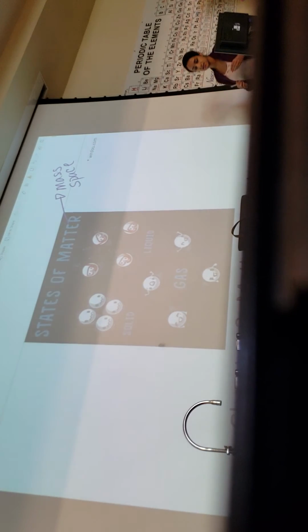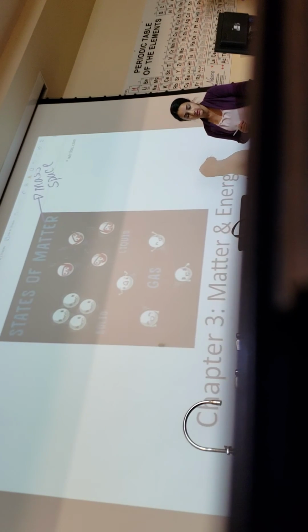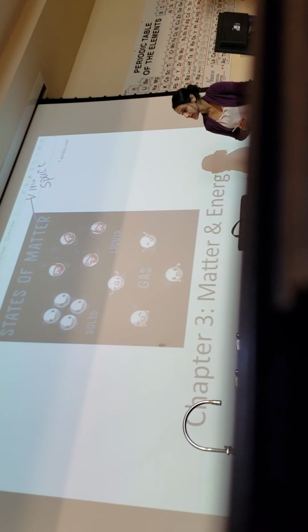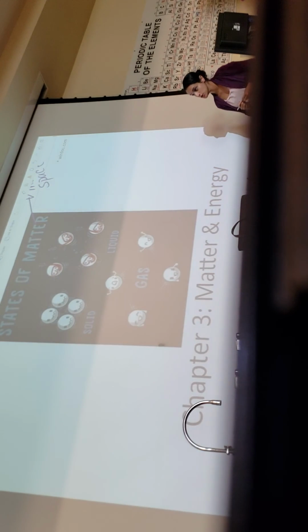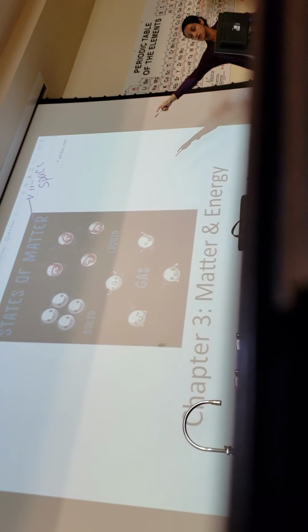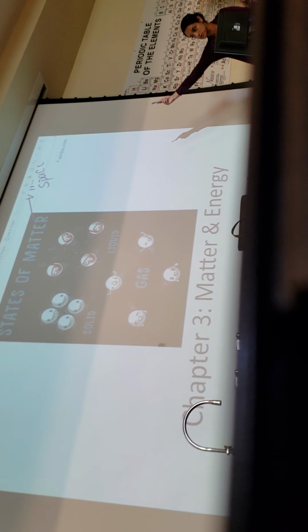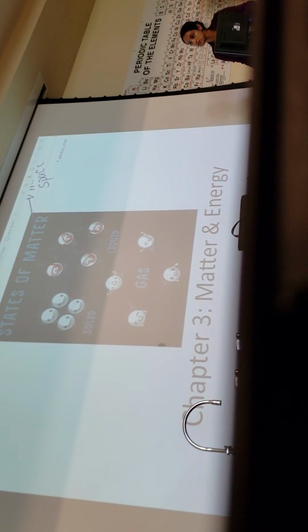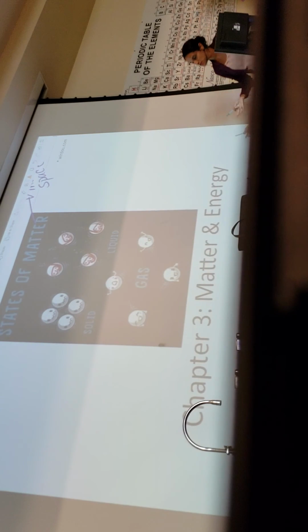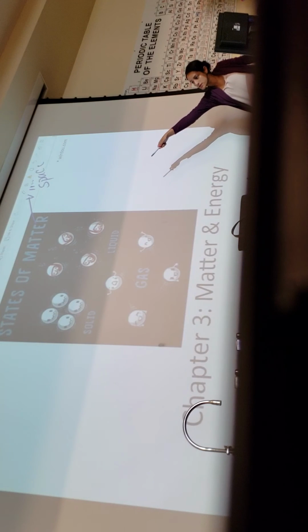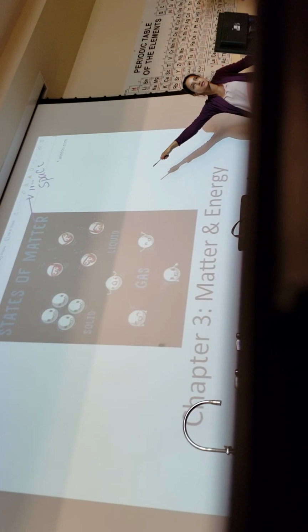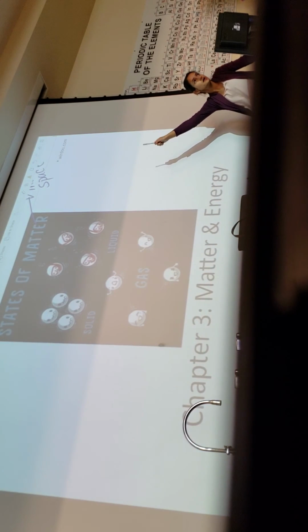The 3 states of matter we're going to focus on are solid, liquid, and gas. So look at the solid. They're just really close to each other. If you look at a liquid here, notice the spacing between the actual atoms.